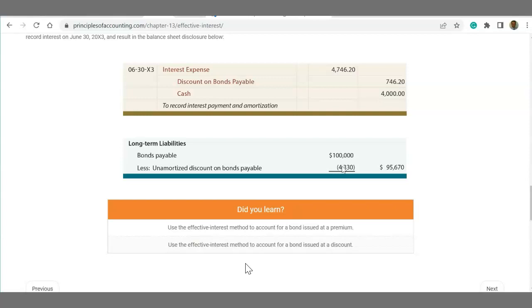People gave you technically 100,000, but less 4,330. So this is all you owe to investors. They never pay you that. So you owe less.